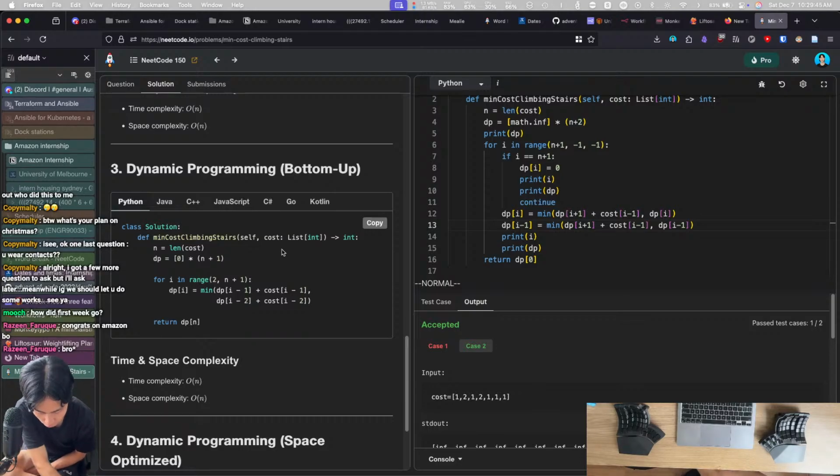Now 2 to n plus 1 is inclusive of 2 to n. Then that means dp of i is equal to the min. Wow. Sounds like it's very simple. dp of i minus 1, cost i minus 1.